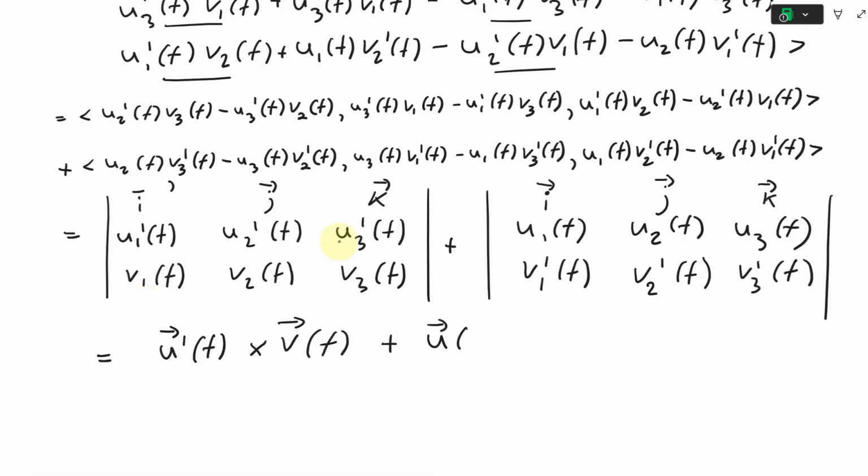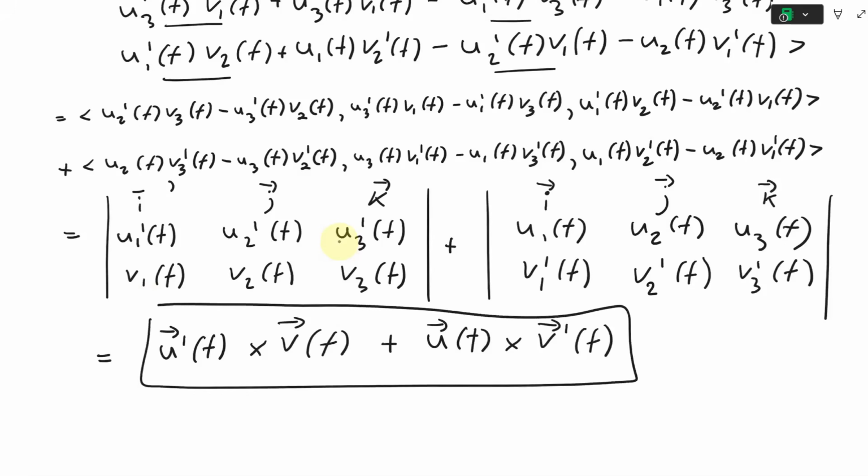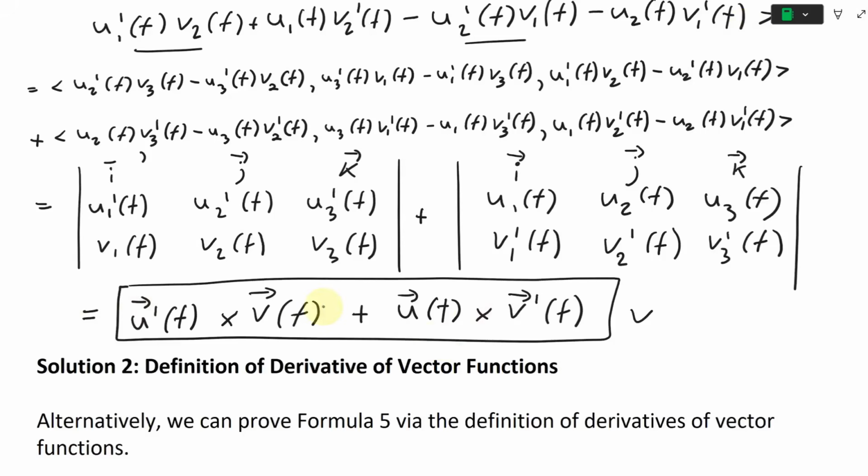So this is going to be u vector cross with v prime of t, like that. So there it is. We solved it. This is solution 1. Here I just box it better and put a check mark there. All right, so that is the solution.